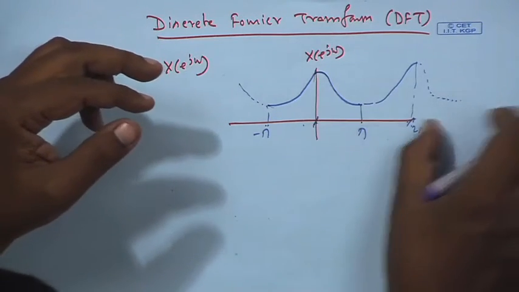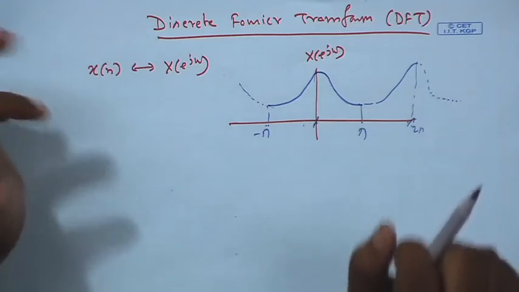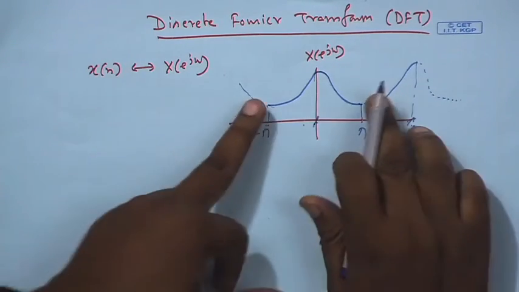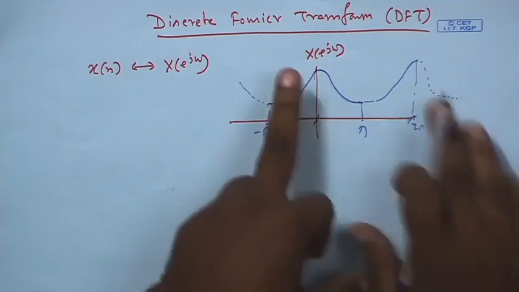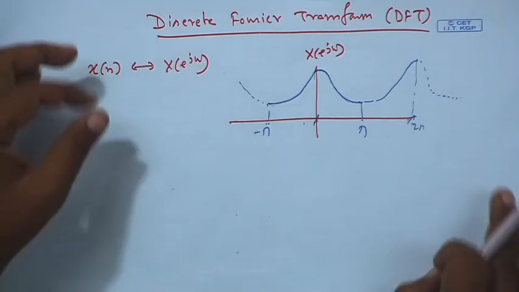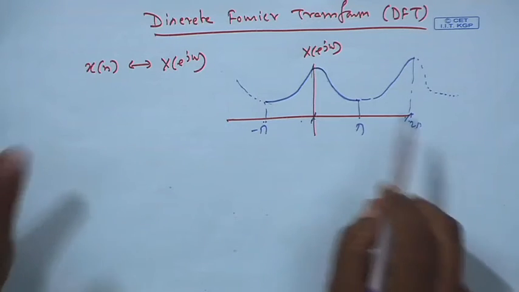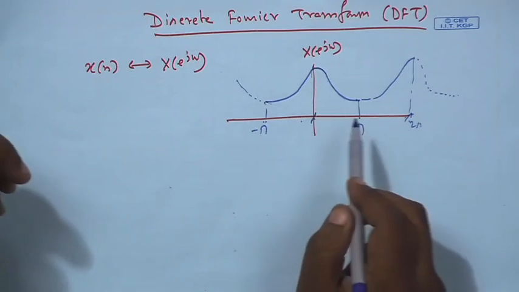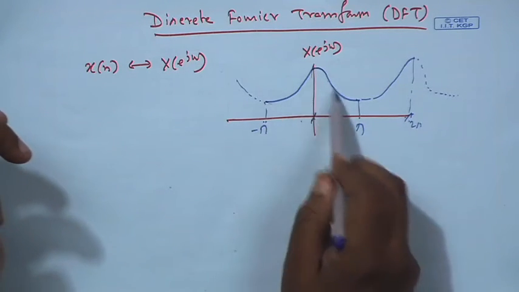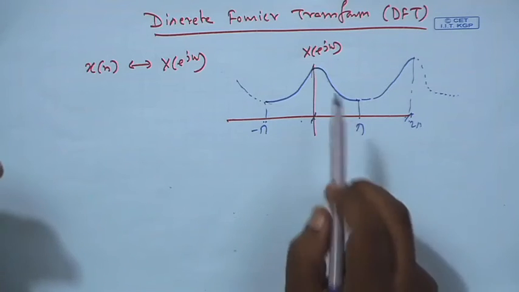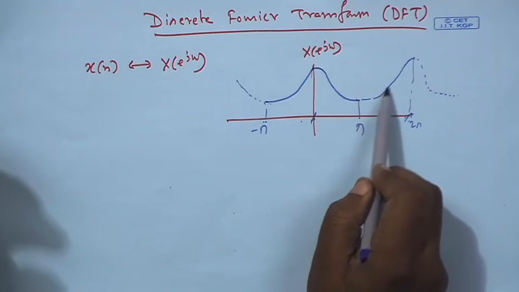If this is the period, you go on repeating it. You get the same thing. It does not matter how you choose your period. Period is 2 pi. But whether you choose this or this, one thing, this entire waveform envelope is required.